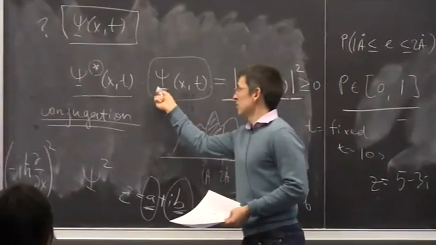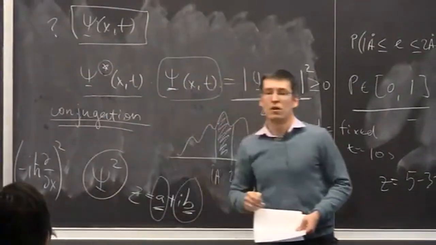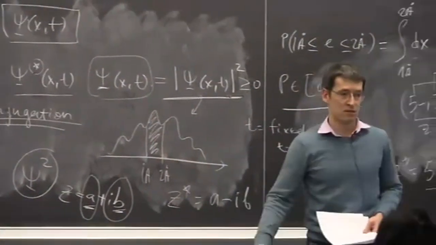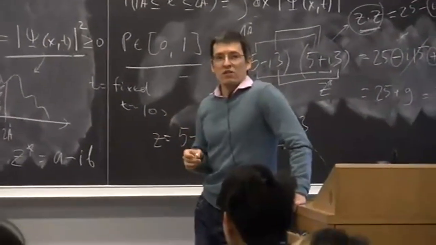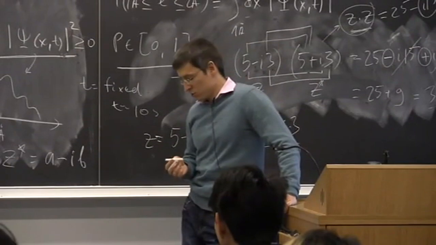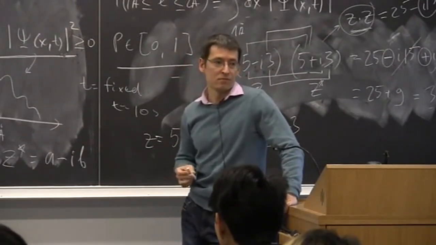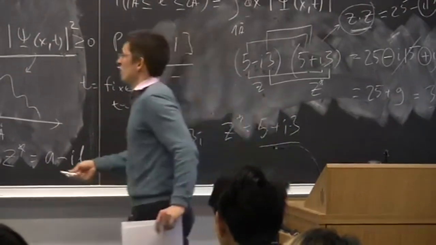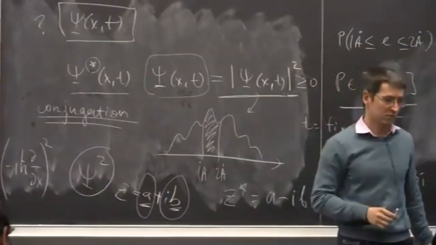The function itself or its square is completely meaningless. Okay, so in general chemistry, you've probably been introduced to such objects as orbitals, right? So orbitals, what are they? They are essentially the wave functions plotted.